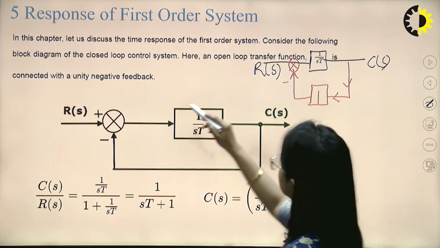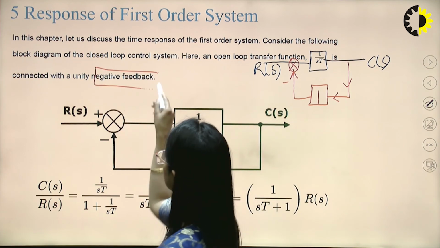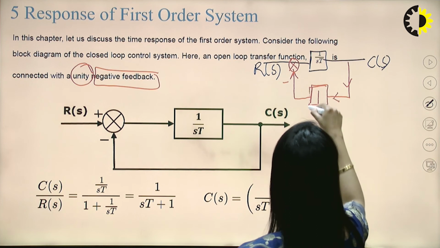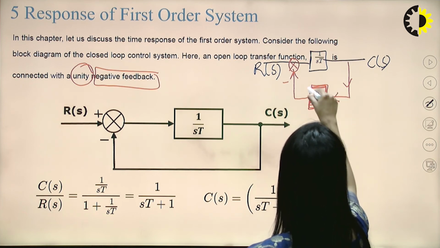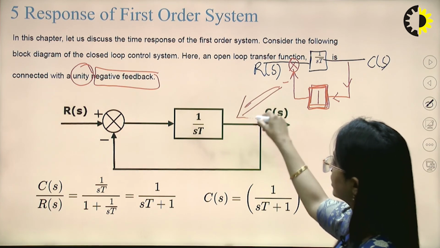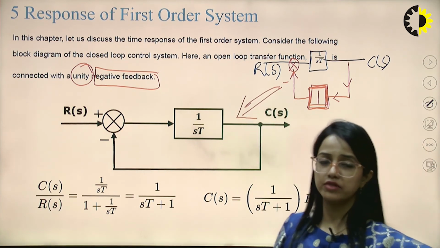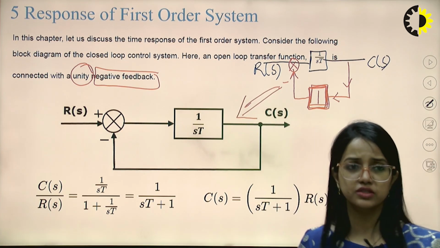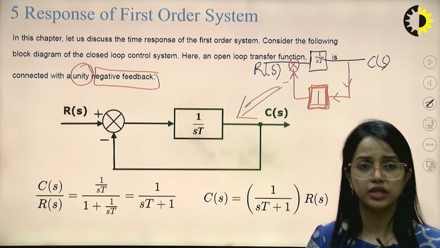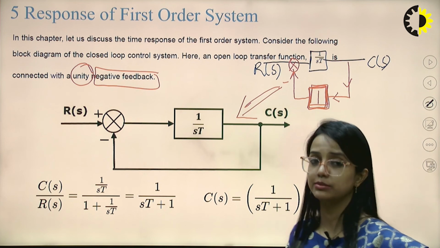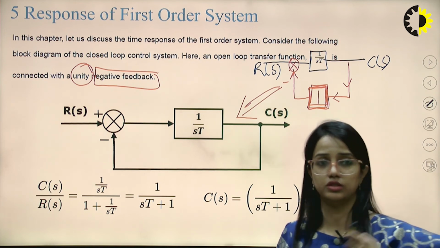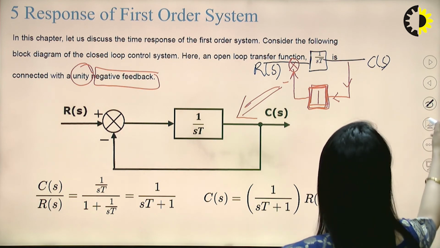Then I am calling it unity. It means this is 1. So this system has been represented like this. So I was having a simple system which is having just an integrator, and then I have connected it in a pattern of negative feedback, and the gain of that negative feedback element is unity. So let us start with this.